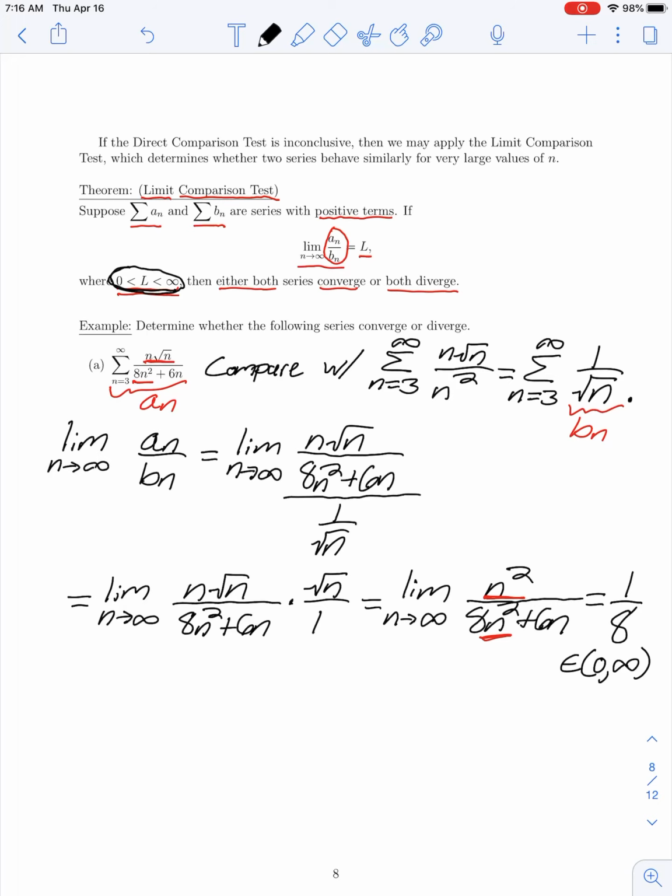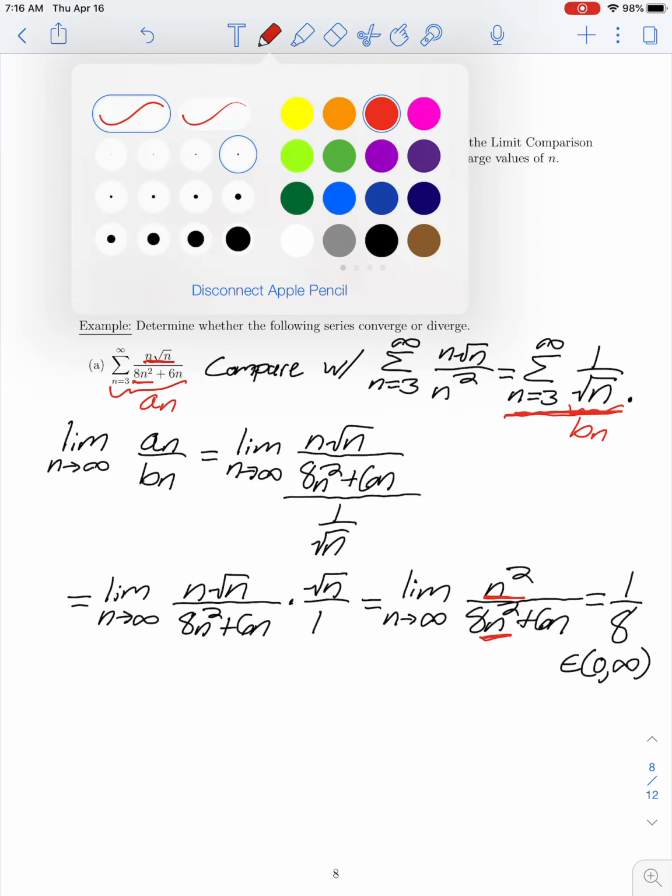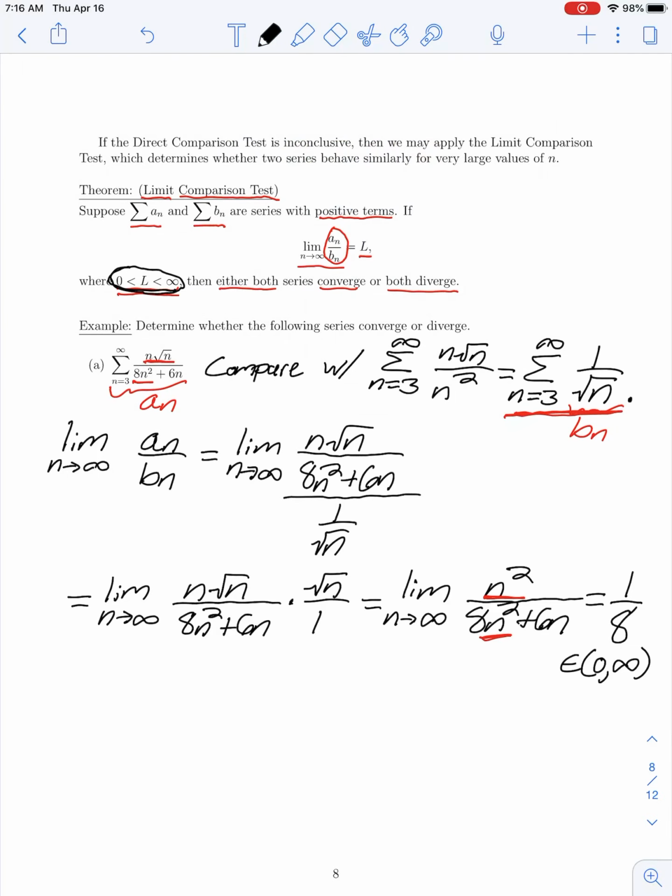So which one is it? Well, the series that we were comparing with, this series of 1 over square root of n, is a divergent p series. So the series that we're given must also diverge by this limit comparison test. So let's write out our justification here.